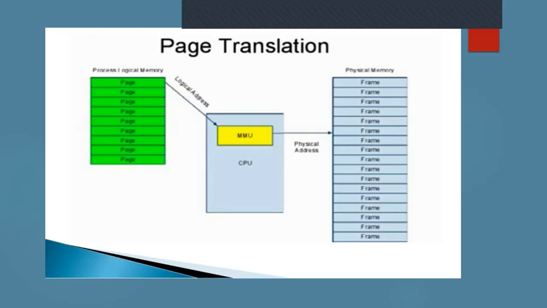Look, there is a translation that is occurring from pages to frames. Frames are of smaller size as compared to pages, and they are easily accessible. Again, I am drawing a diagram.